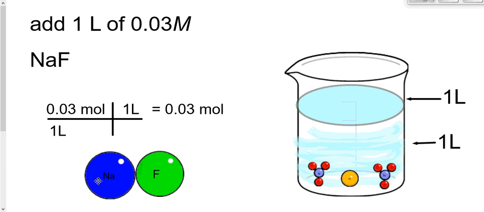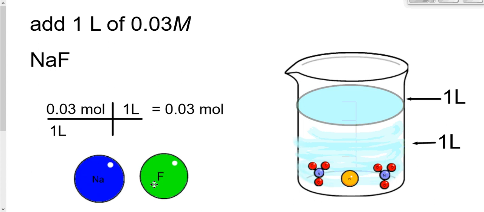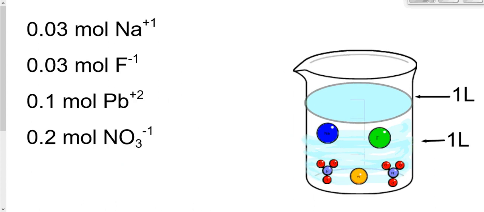As this goes into our solution, it breaks apart to form 0.03 moles of sodium and 0.03 moles of fluoride. In our entire container now, we will have 0.03 moles of sodium ions floating around in the water, 0.03 moles of fluoride ions, 0.1 moles of the lead 2+ ions, and 0.2 moles of the nitrate ion.